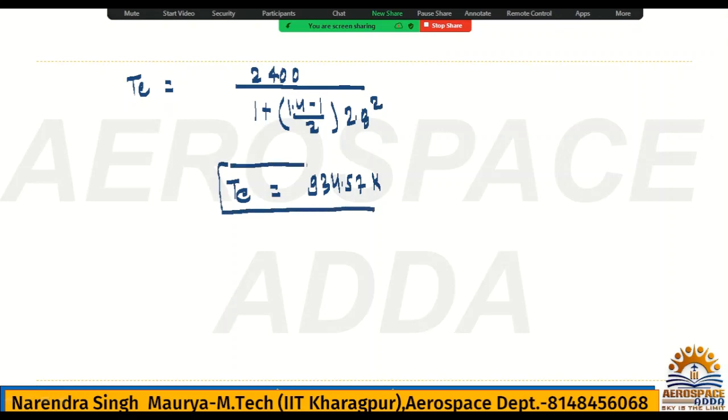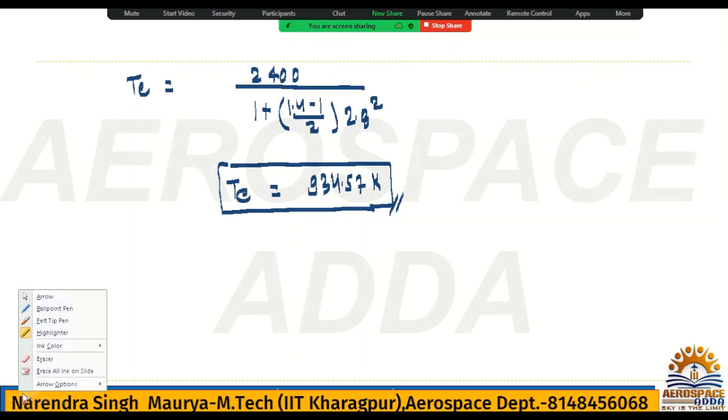In the problem they had asked for calculation of exit velocity, hence what you will do, write the formula. I have given the formula, use that formula. What is VE?